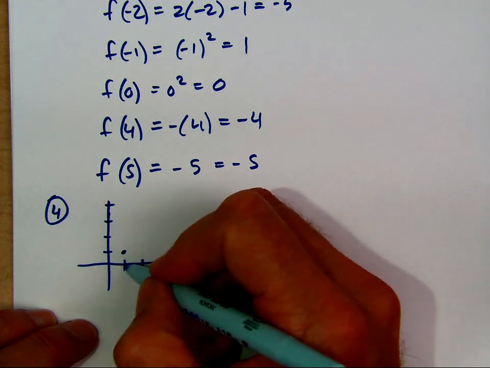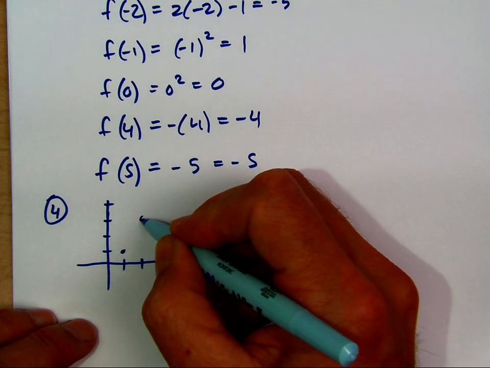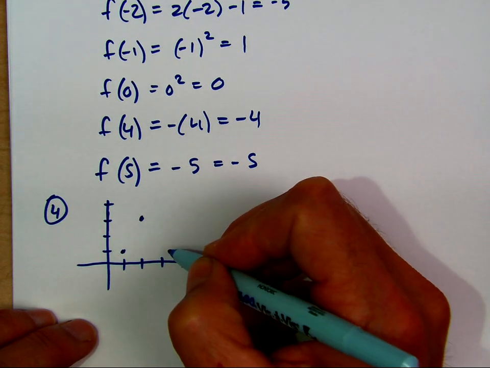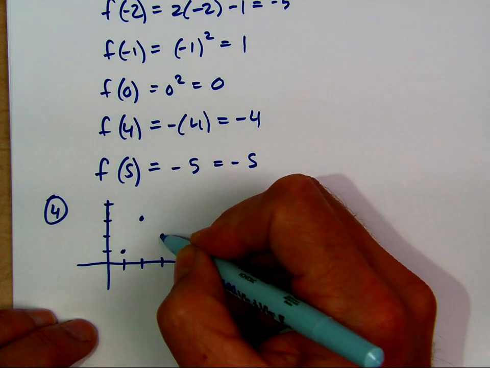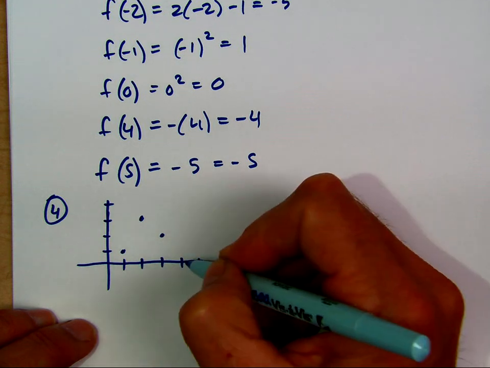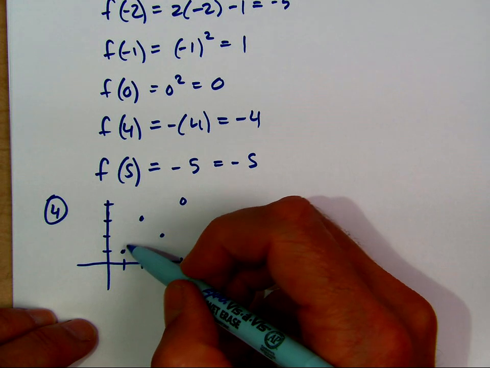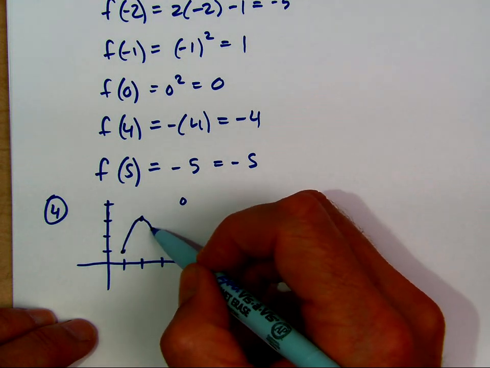So 1, 1, let's go to 2, 3, 3, 2, and 4, 4. Open circle there. Let's just connect those with a max, a min.